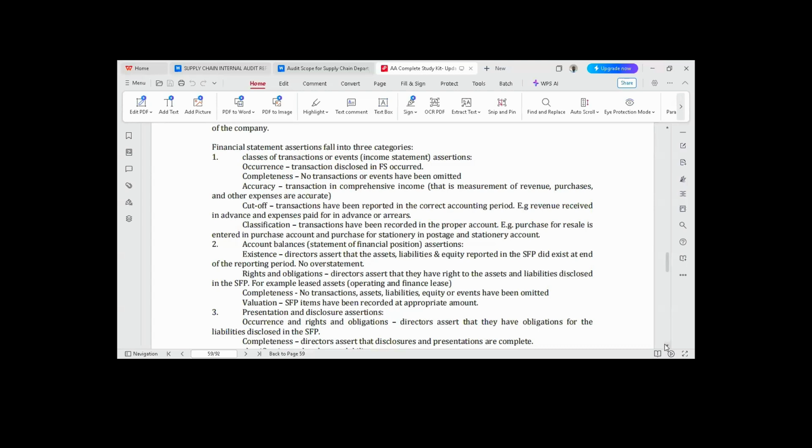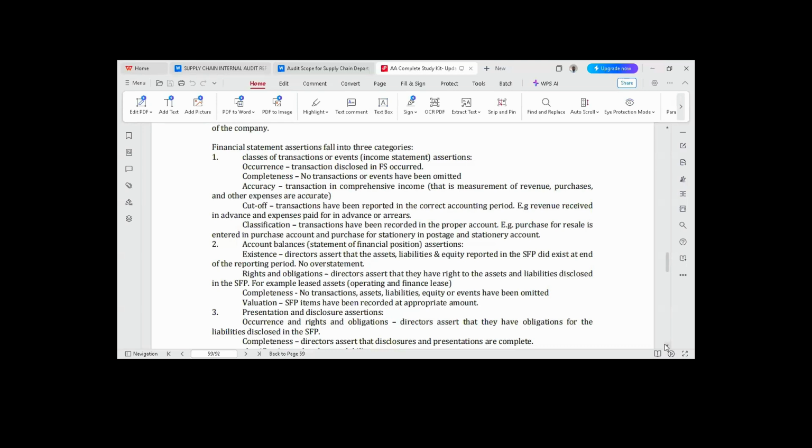The completeness test the auditor will do is to be sure that there are no transactions or events that have been omitted. For instance, we have what are called accruals and provisions. Now, with these accruals and provisions, sometimes we don't have documentary evidence immediately.